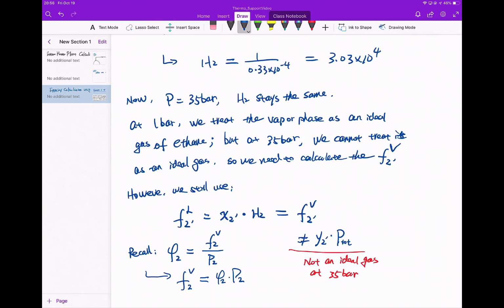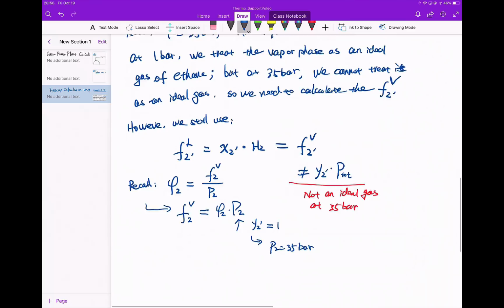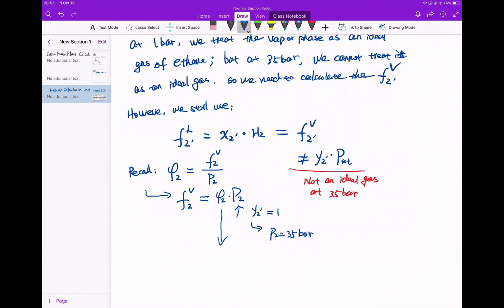How about P2? We use the same assumption. This is almost 1, then we have this P2 is 35 bar. The problem is this phi2. We need to figure out what is that fugacity coefficient.